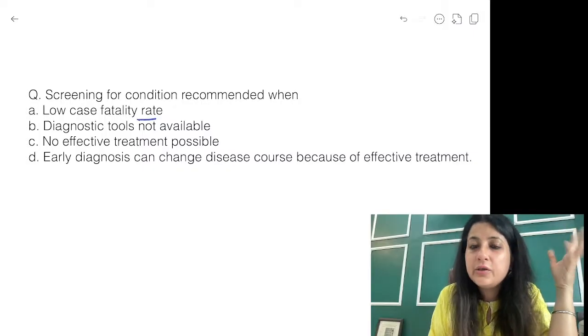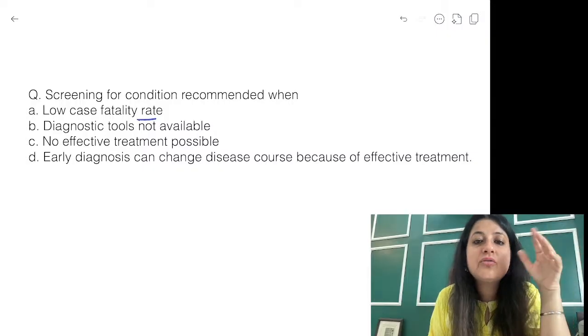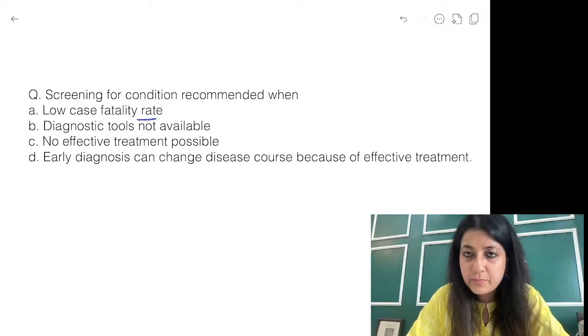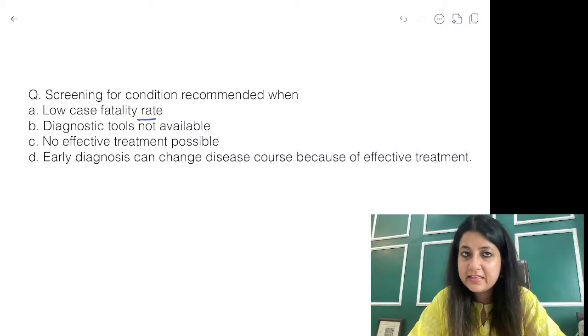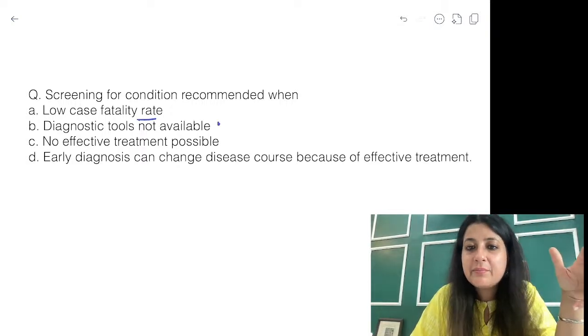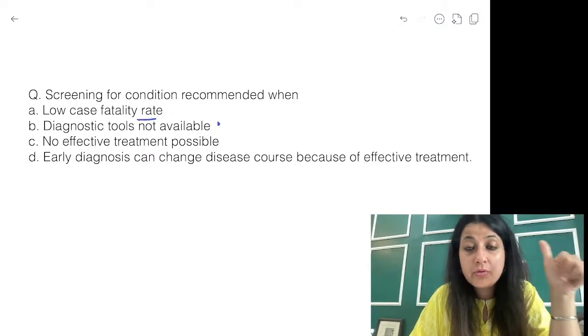It doesn't mean we don't need a screening test, because remember, a screening test should not be costly. It is applied on bigger populations. Now any disease that is 100% fatal like rabies, there's no point of having a screening test. Okay? Diagnostic tools not available. Now if I screen somebody, then I should have a diagnostic test to confirm that this person has that particular disease. If I don't have a diagnostic test, no point.